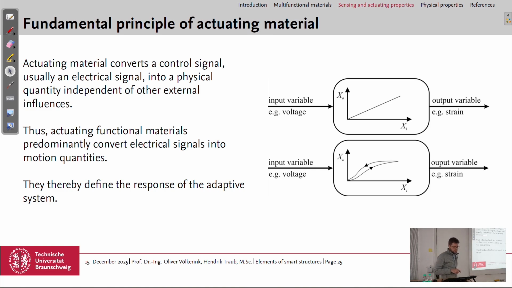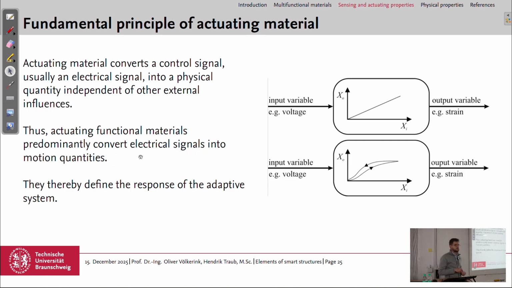So the same we would like to have for an actuating material, where we convert a control signal, which is usually an electrical signal, into a physical quantity independent of other external influences, so independent of other cross sensitivities, for example. So we would like to convert electrical signals into motion quantities.